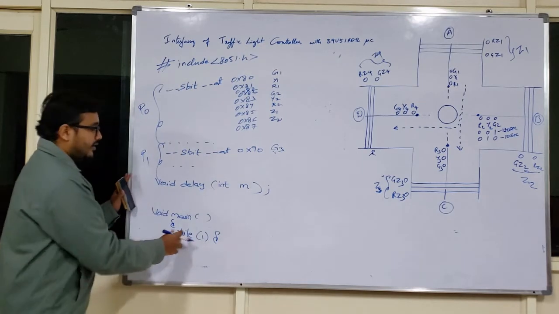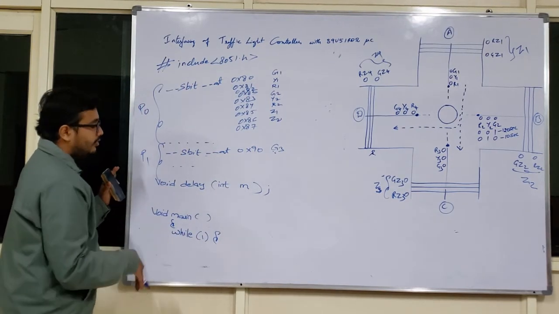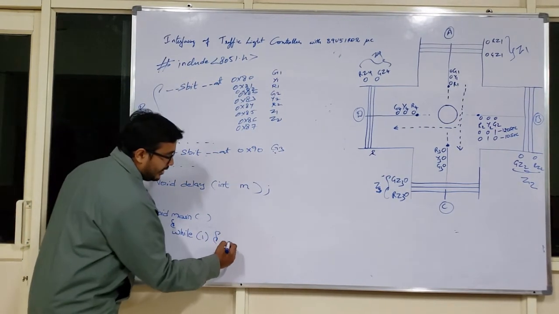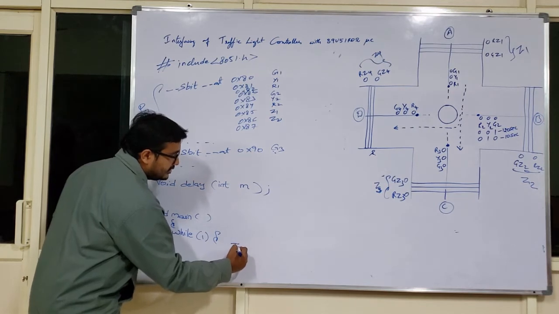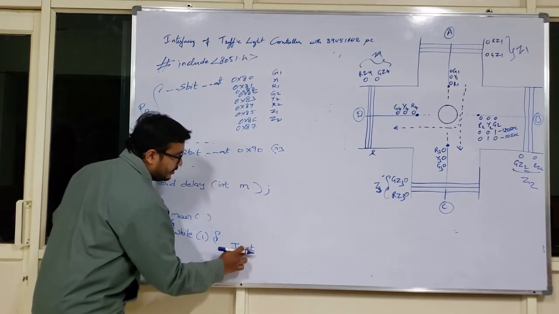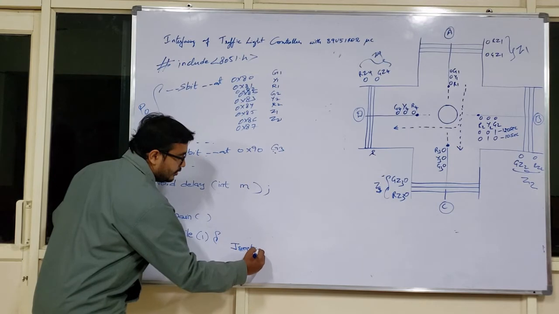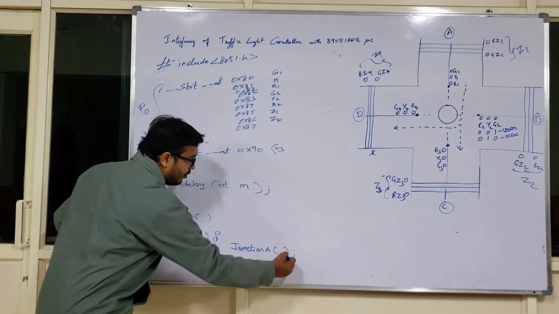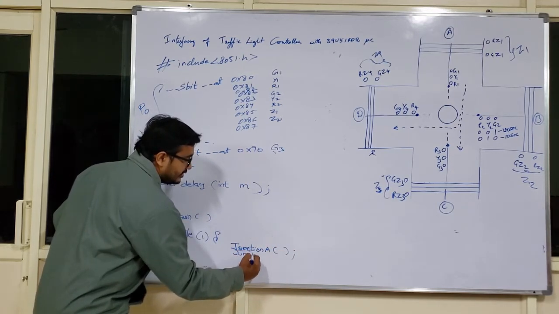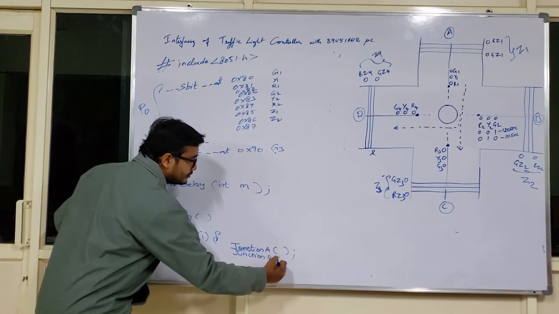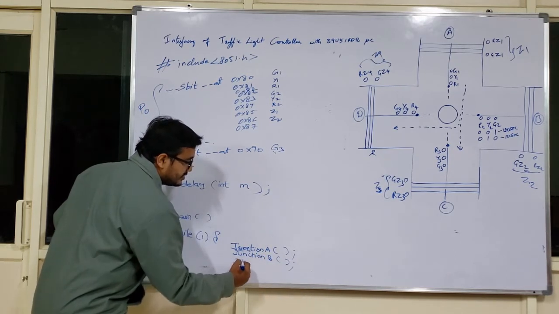Okay, so while of 1, that is why I have taken an indefinite loop. Inside while of 1 I am going to call few functions like junction A. Junction A is the function I have called. Next junction B function I am going to call. After that junction C.